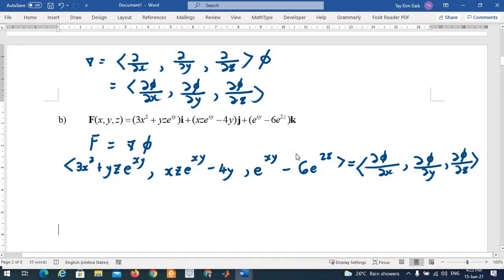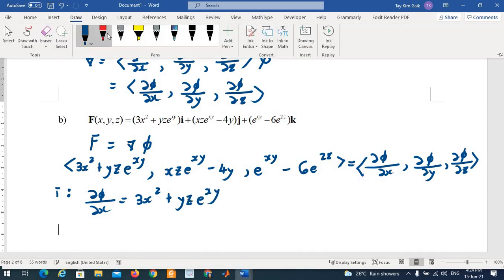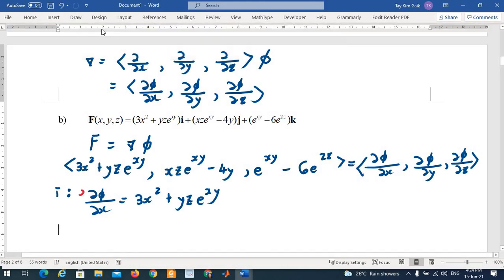When you equate component i, you have del phi del x equal to 3x squared plus yz e^(xy). To get the phi, you can integrate with respect to x on both sides, because when you integrate, del x and dx will cancel each other, and then you get phi.